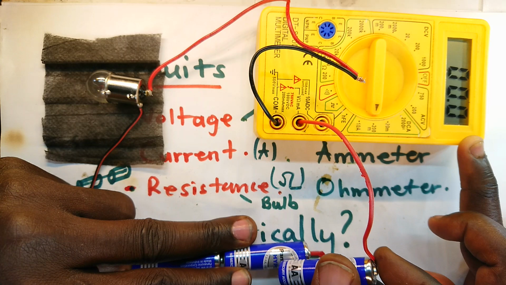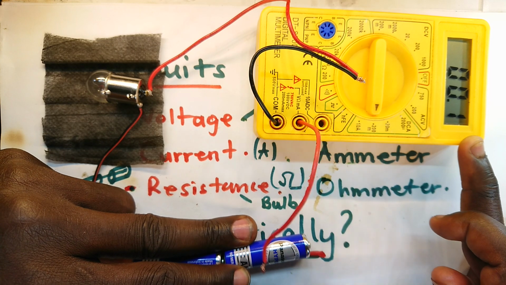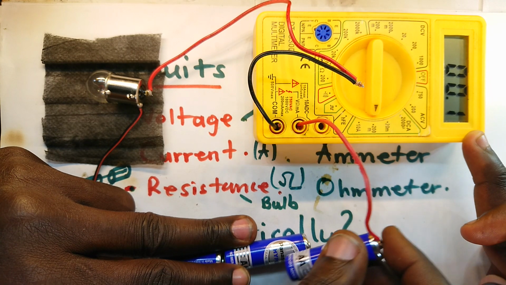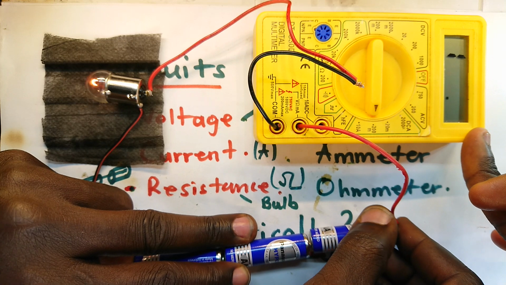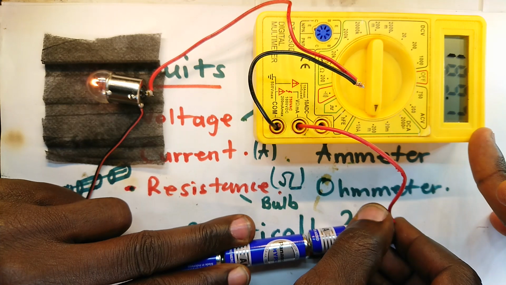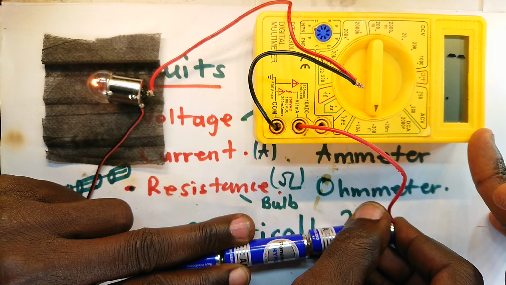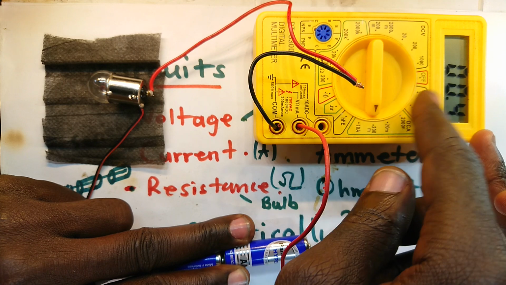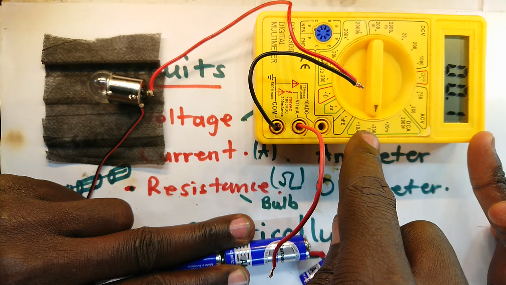Now we are moving to 3 cells, which brings the voltage up to 4.5, and the glow is brighter. Now it's giving me 1 because that means it's beyond the range that we are trying to measure.